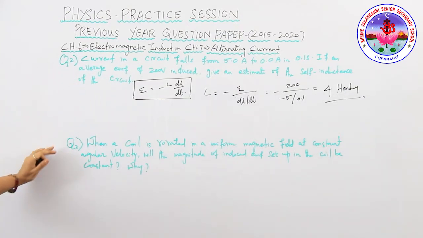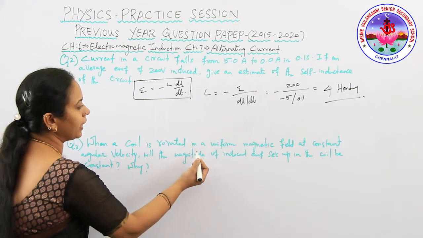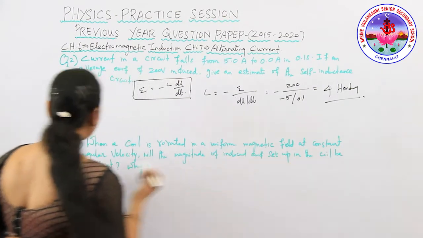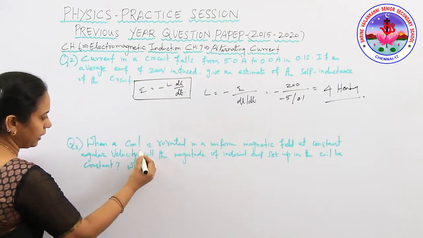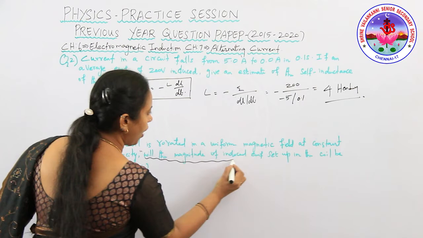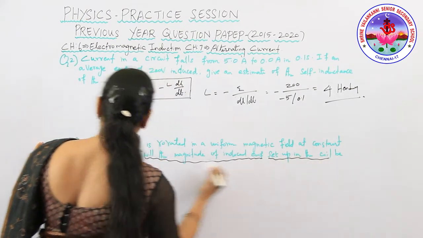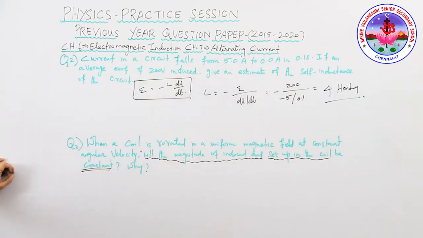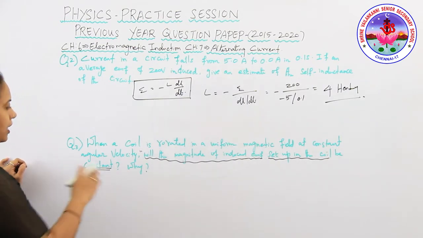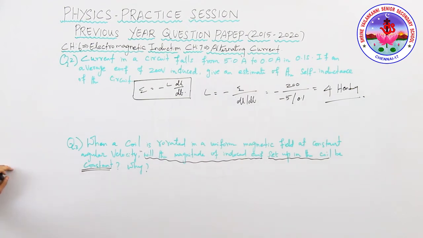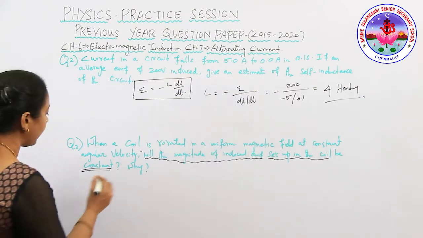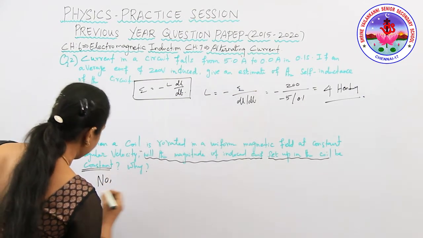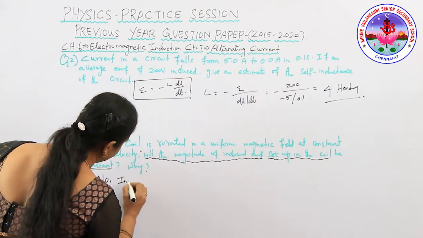And for Q3, when a coil is rotated in a uniform magnetic field at constant angular velocity, will the magnitude of the induced EMF set up in the coil be constant or not? Why? See, by analyzing the statement, when a coil is rotated in a uniform magnetic field at a constant angular velocity, the induced EMF set up in the coil will not be constant, because the induced EMF will vary with time.